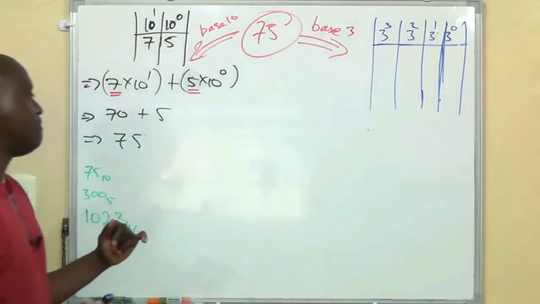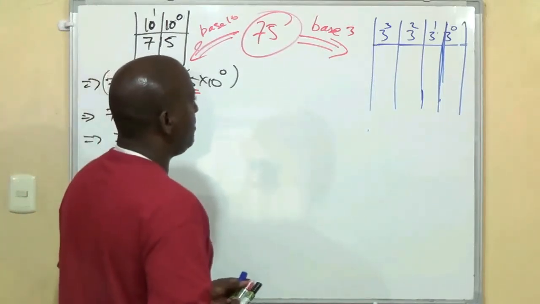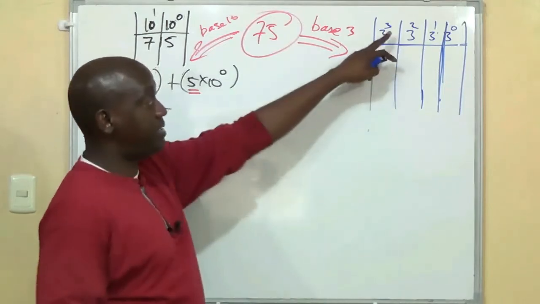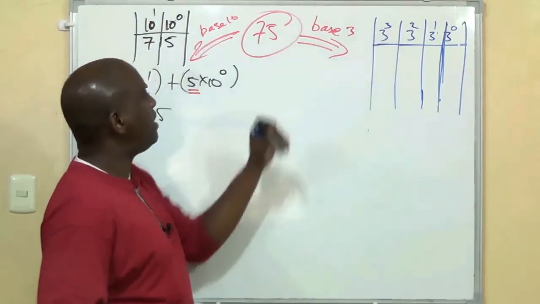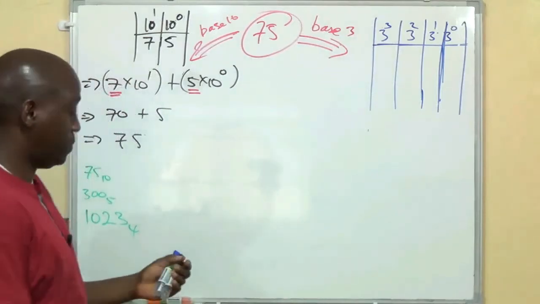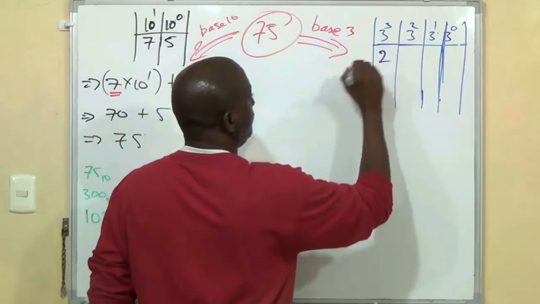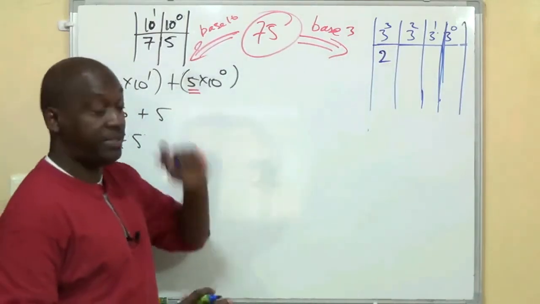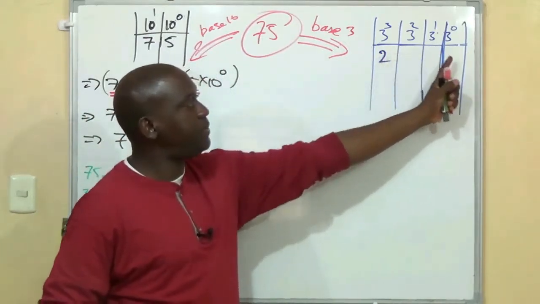Right? 3 cubed is 27, in case you were wondering where I get the 27 from. 75 divided by 27 is 2. So we put the 2 here. 2 by 27 is 54. 54 and the 21 is 75. So we have 21 to share between these guys here.